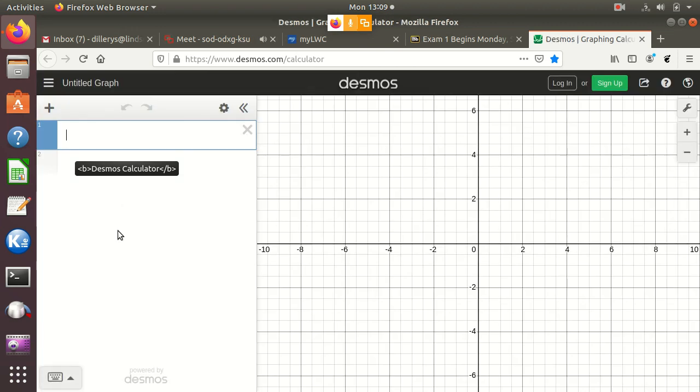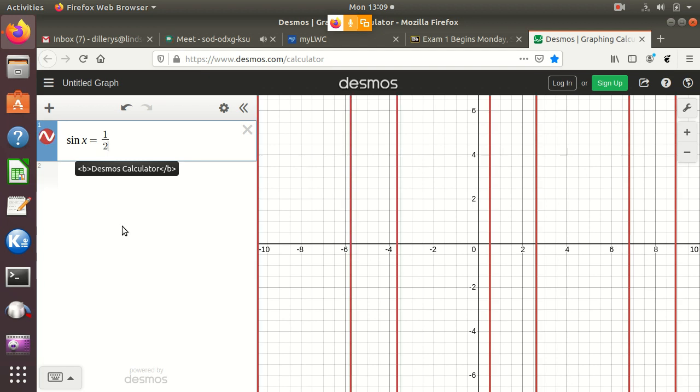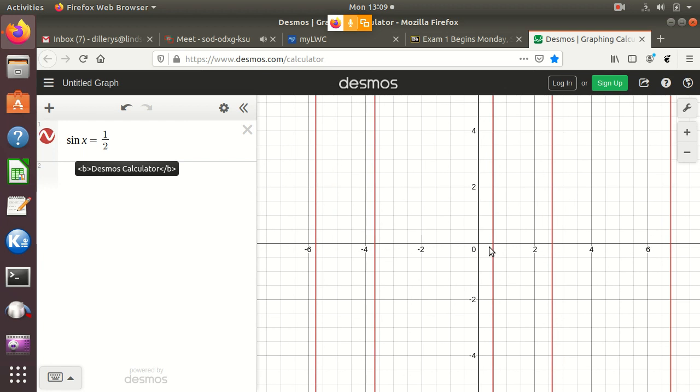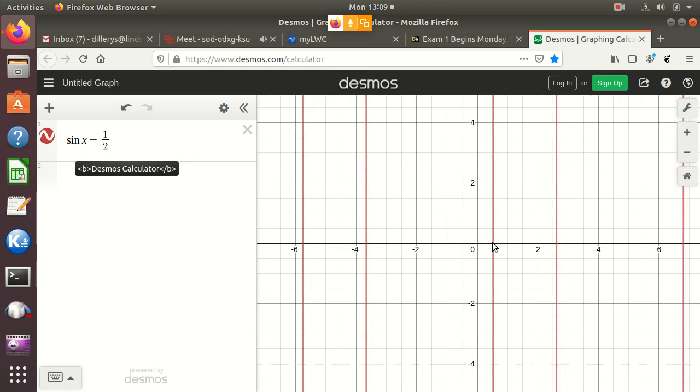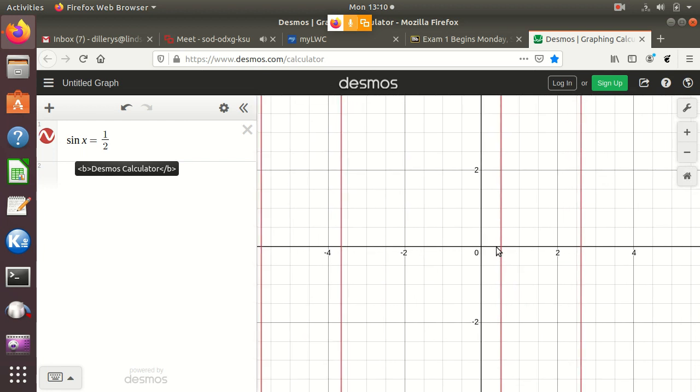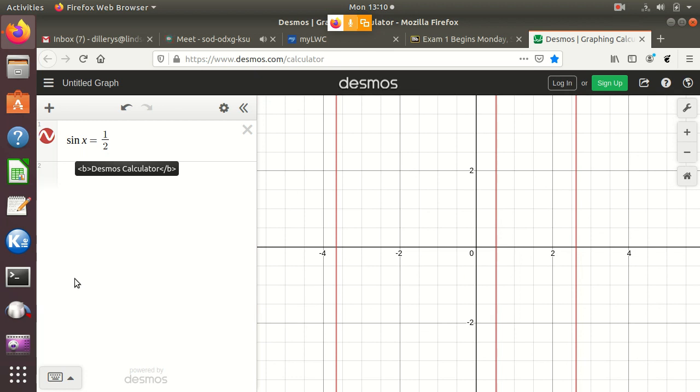So if I just type in sine x equals 1/2, these are all the spots that's true. I thought maybe it would give me a beautiful answer that way.